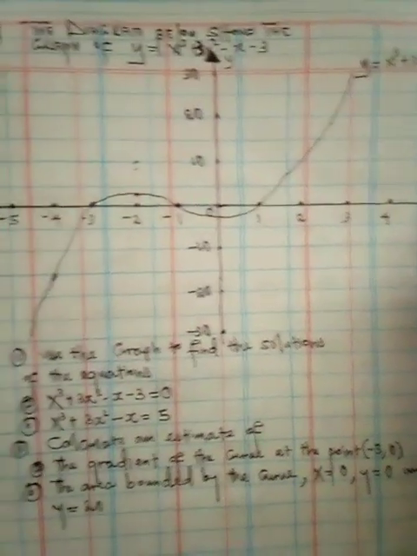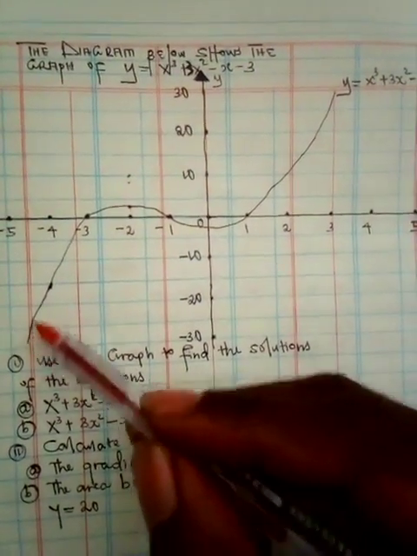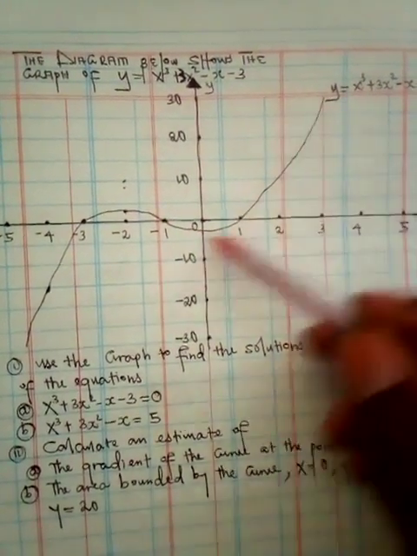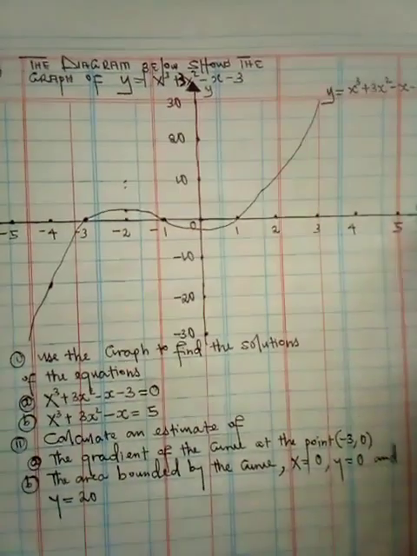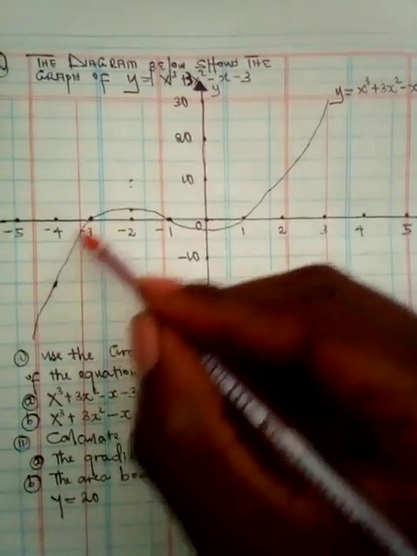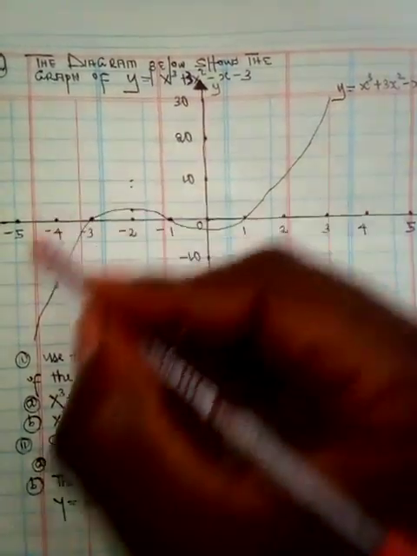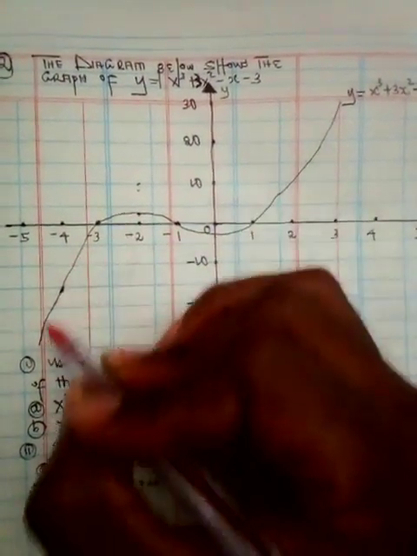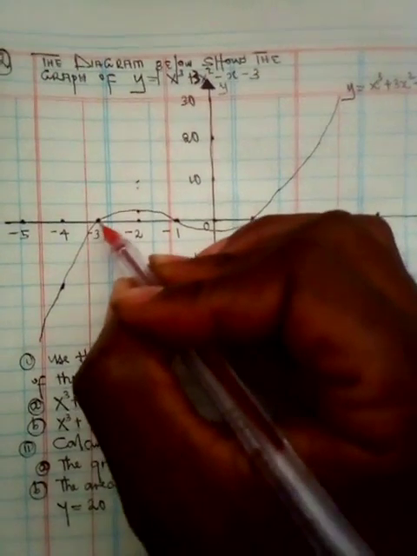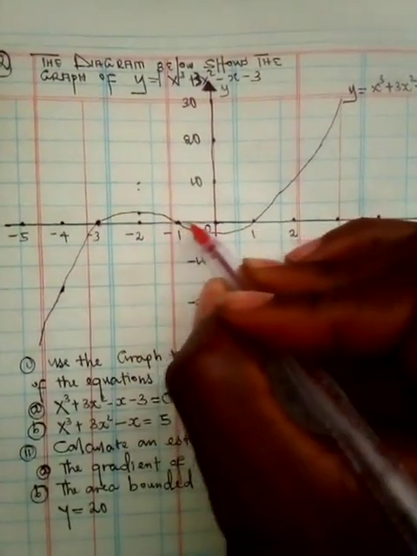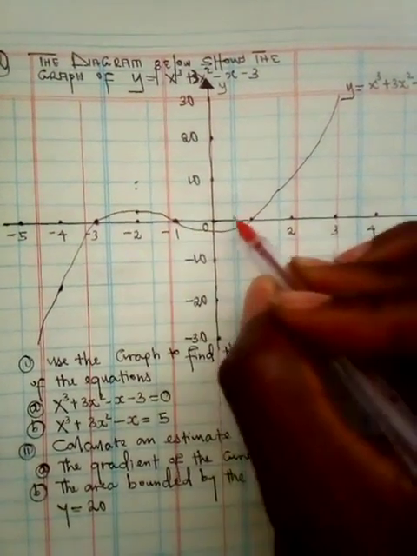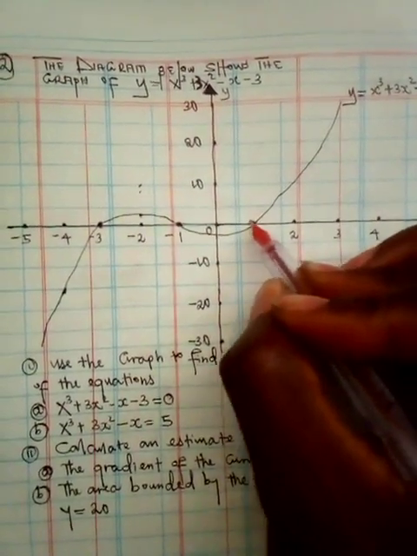So like we had said, you're going to come on your graph and just see where this graph is meeting your x-axis. Remember our x-axis is like this. So we're just going to see where this thing is meeting up with your x-axis. This graph is meeting your x-axis at -3, -1, and +1.